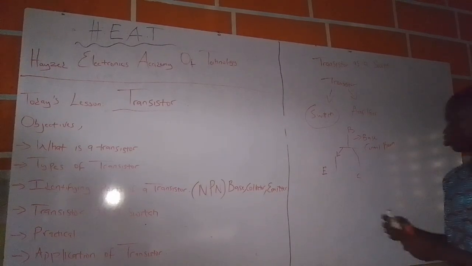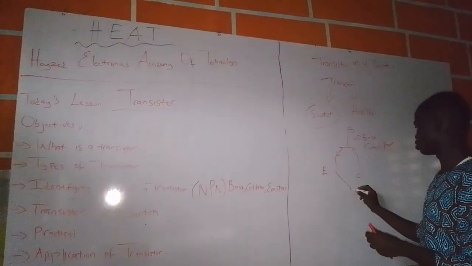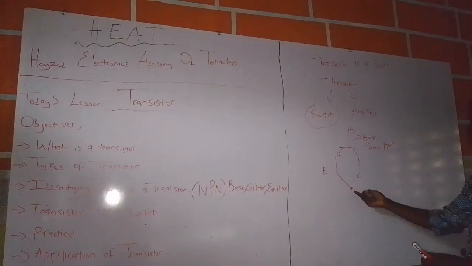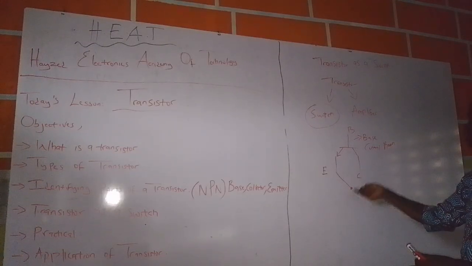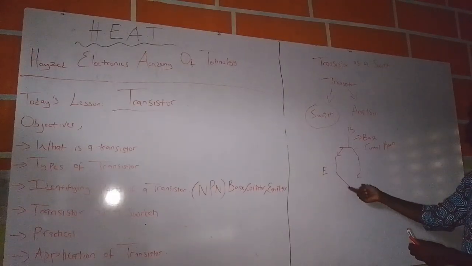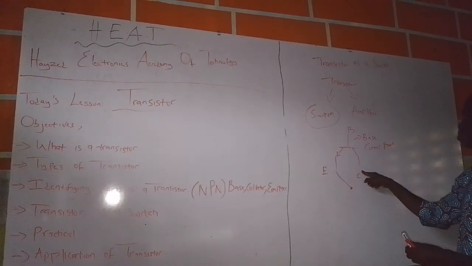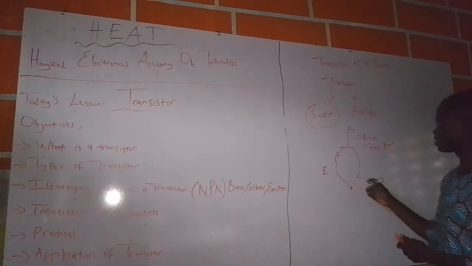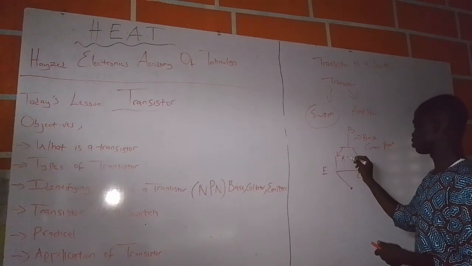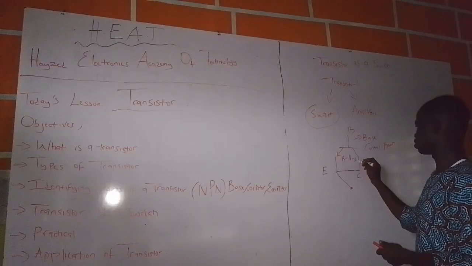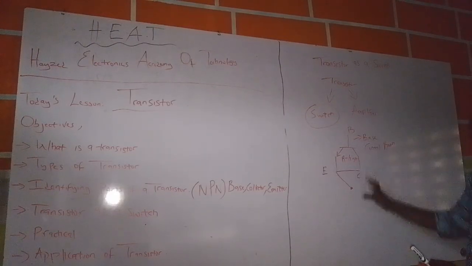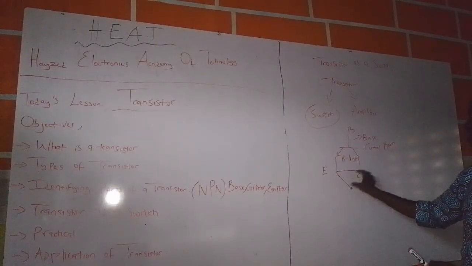And the switch we're about to turn on is like from here. So what I mean is that rather than pressing the internal switch in, the moment you give this base a signal, it's going to automatically connect this place to this place. What I mean is that if the resistance here is very high, the moment you give the base a signal, the resistance between here and here is going to drop.